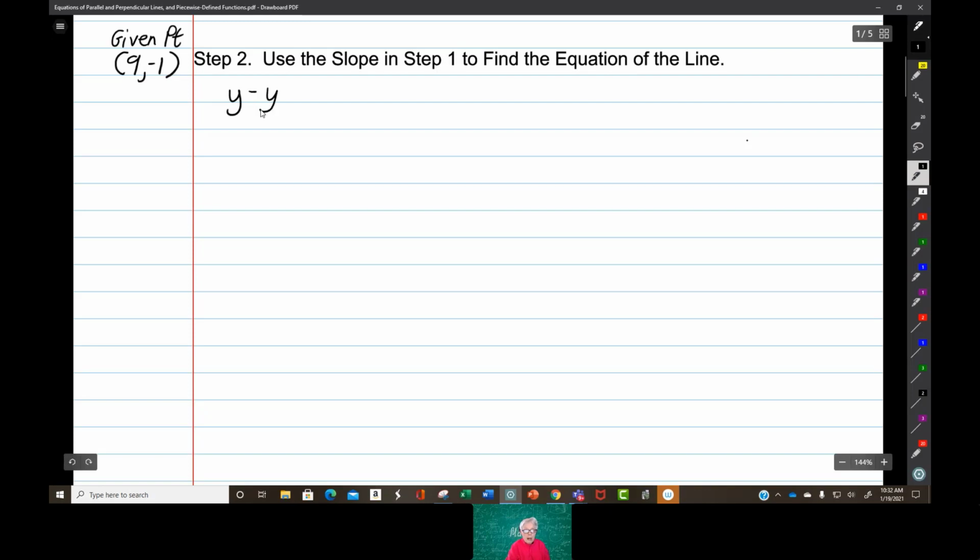Y minus Y1 equals M times X minus X1. And actually, we can go so far as to put the given point in here. Y minus -1 equals, we don't know what the slope is yet, so I'm just going to say M times X minus 9.